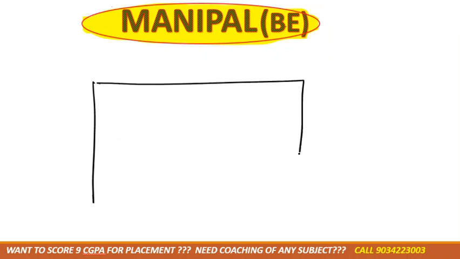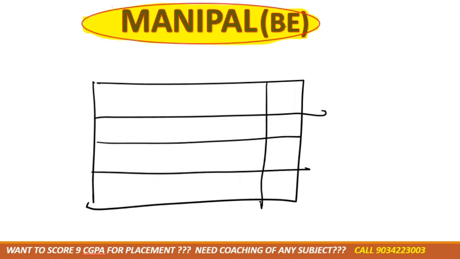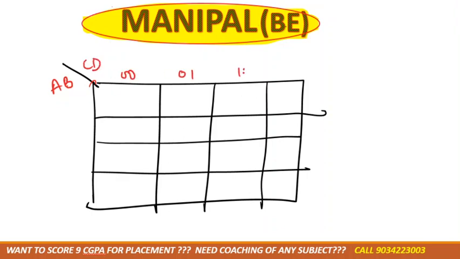Now similarly we'll do it for the next, that is a 4 variable K-map, because in your paper you will most probably get the 4 variable map only, not the 3 variable. Like it's AB, 00 01 11 10, right?